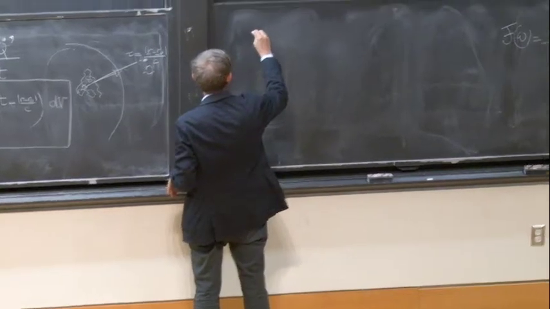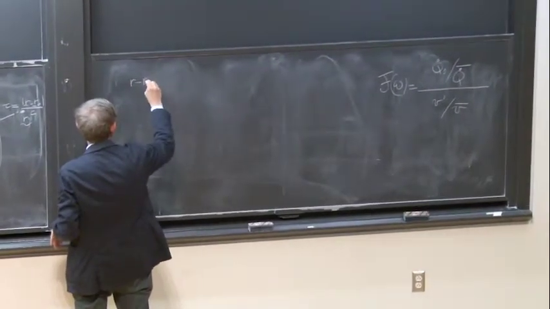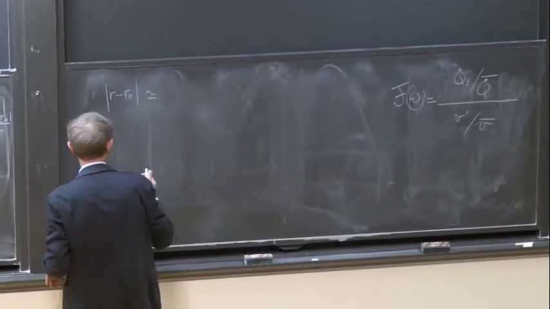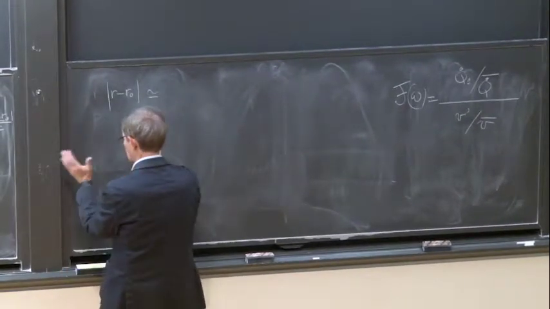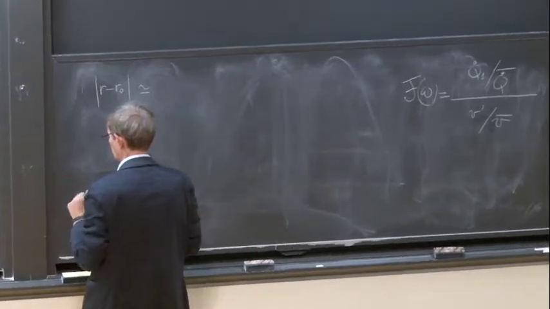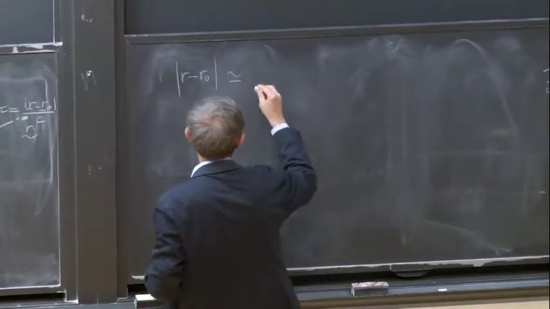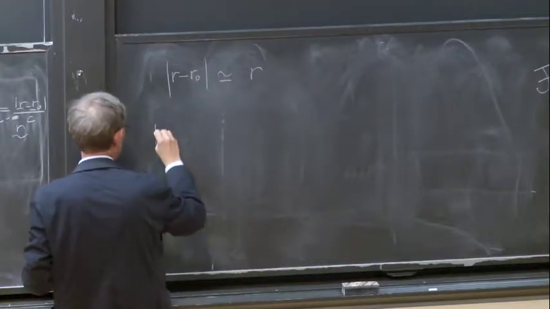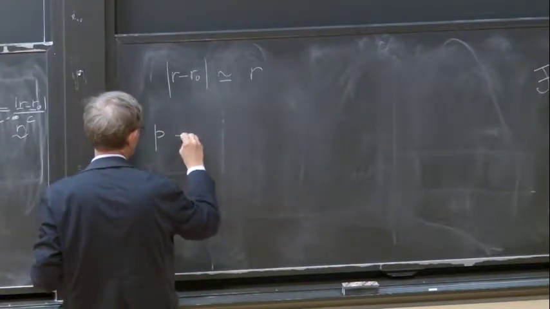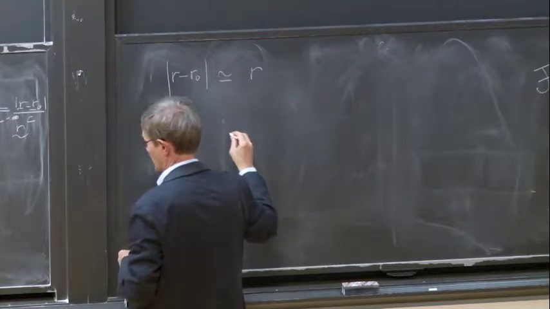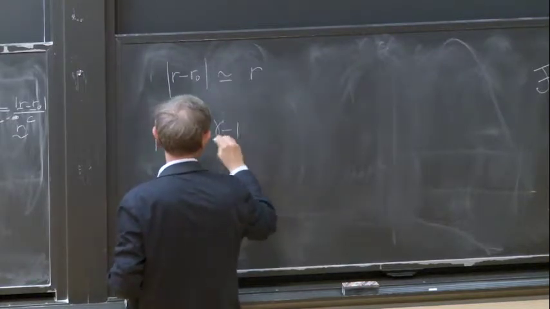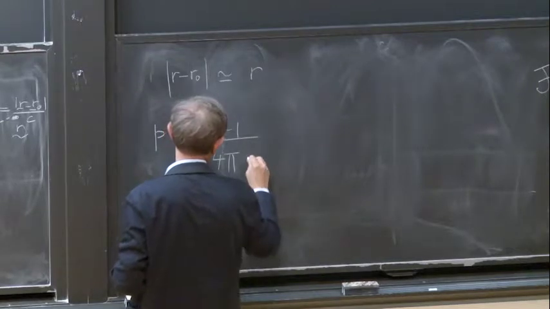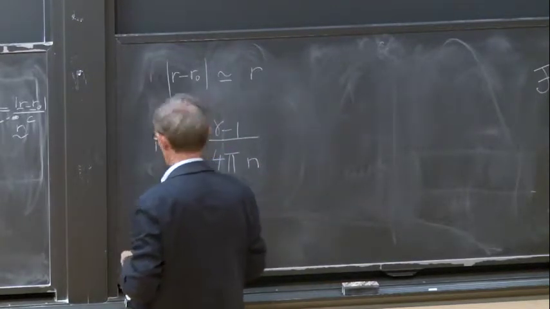And in the far field, R minus R0 can be just, you can neglect the size of the flame compared to the distance. So this is just R. And so the pressure can be represented as gamma minus 1 over 4 pi. We can just put R here.